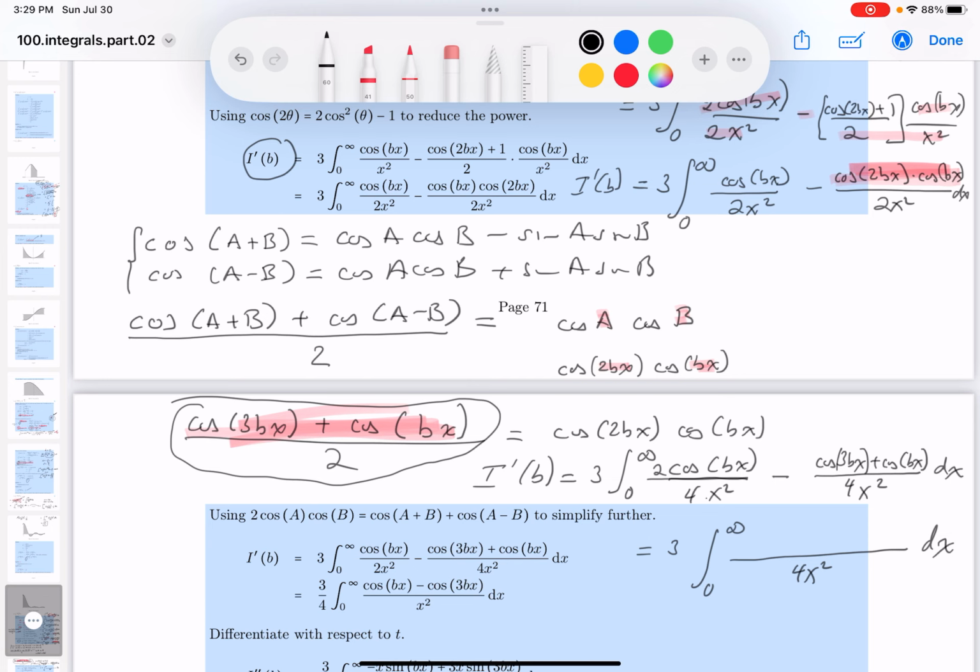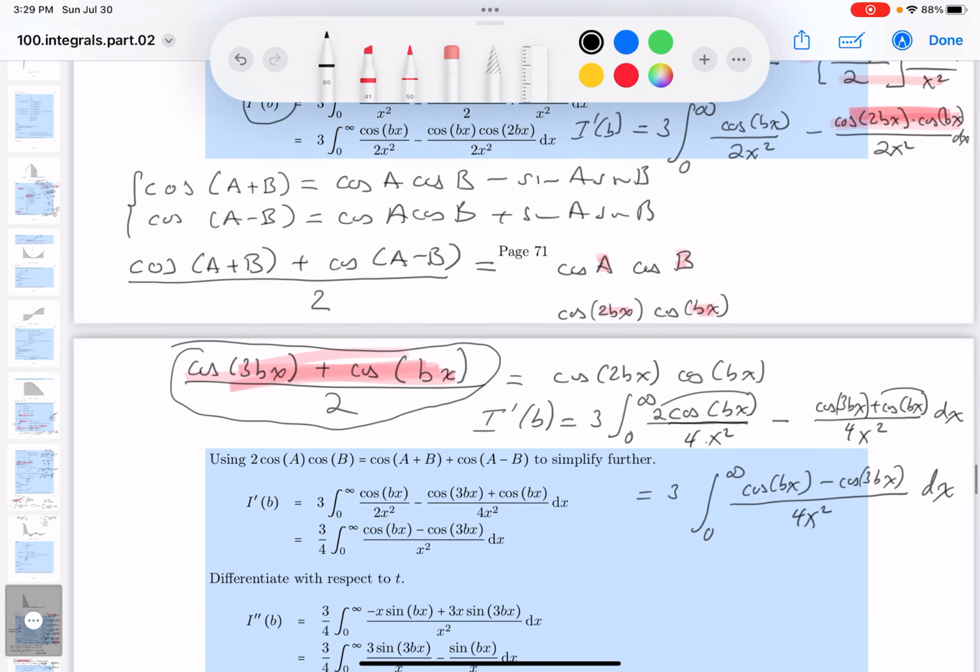And let's see, 2 minus 1 is just 1, so cosine bx. Again, 2 minus 1. And then it's going to be minus cosine 3bx. All right?